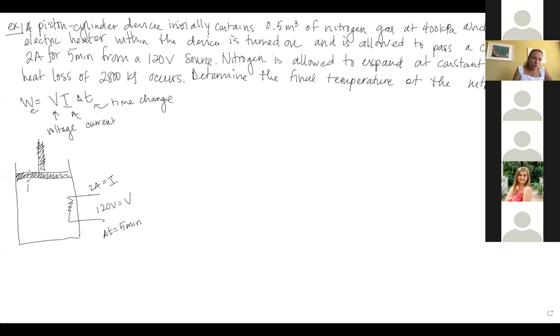We know that we have nitrogen gas, so N2. We know that pressure is constant. We know that our volume is 0.5 cubic meters. We know that our pressure is 400 kilopascal, constant. And we know that our initial temperature, T1, is 27 degrees Celsius.